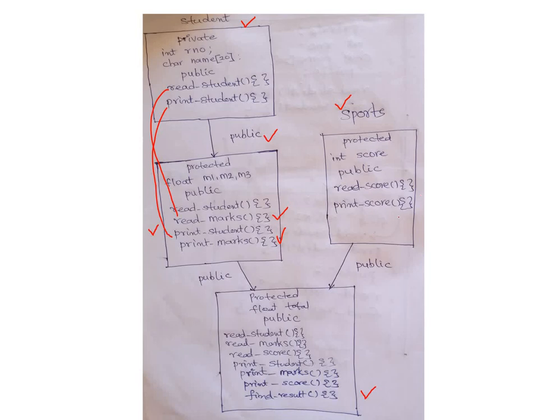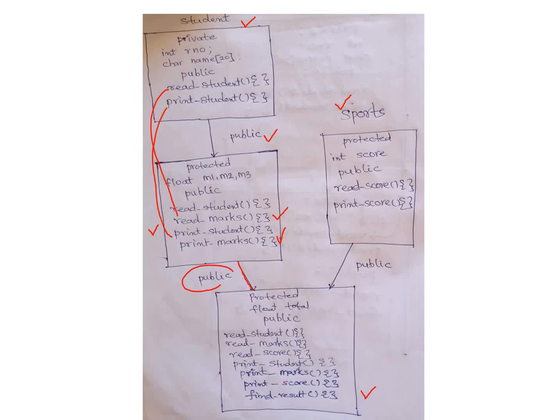Now let us see the relation between the marks class, sports class and result class. Here the result class inherits the properties of the marks class as well as the properties of the sports class by using visibility mode public. Yes, now first I will be discussing relation between these two classes. Now when the visibility mode is public, the public members of its base class, that is marks class, become public members in the derived class.